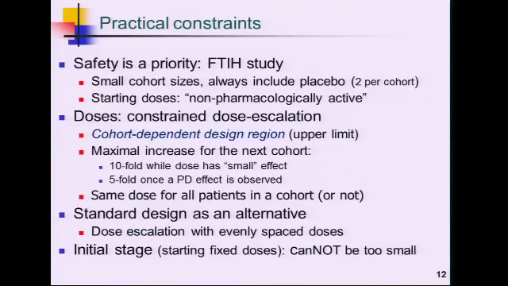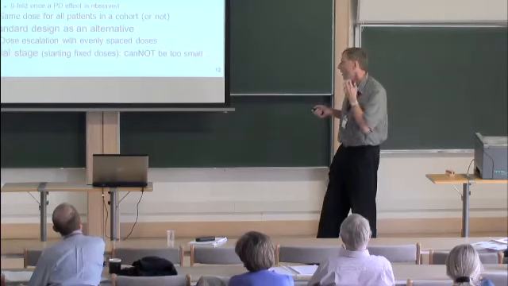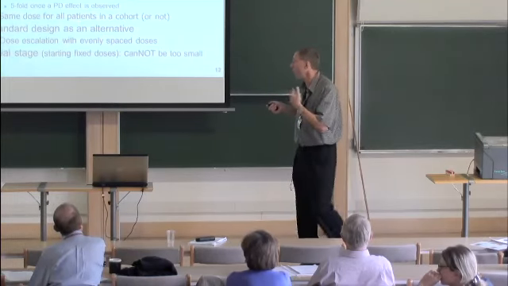We agreed on certain factors to increase the maximal dose for the next cohort. You could jump quite high when you didn't see too much effect at the beginning, and then we had to reduce this dose escalation factor for later cohorts when we observed some effect.